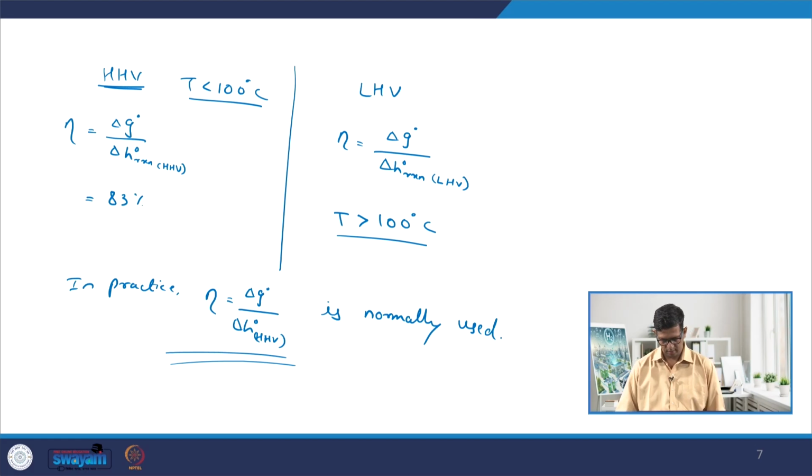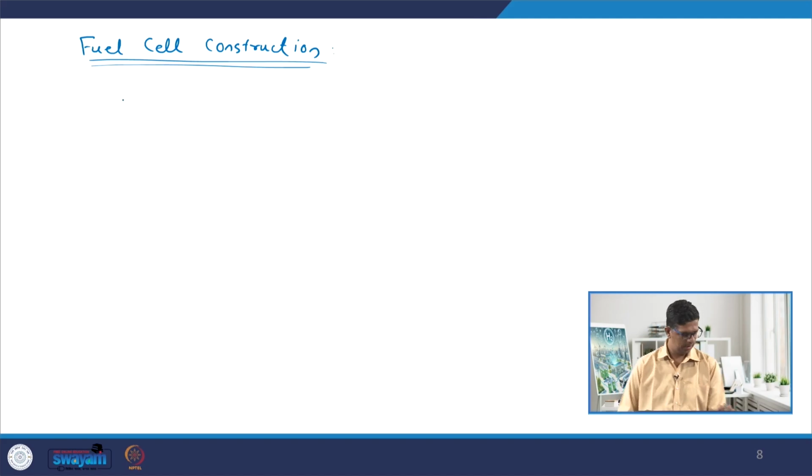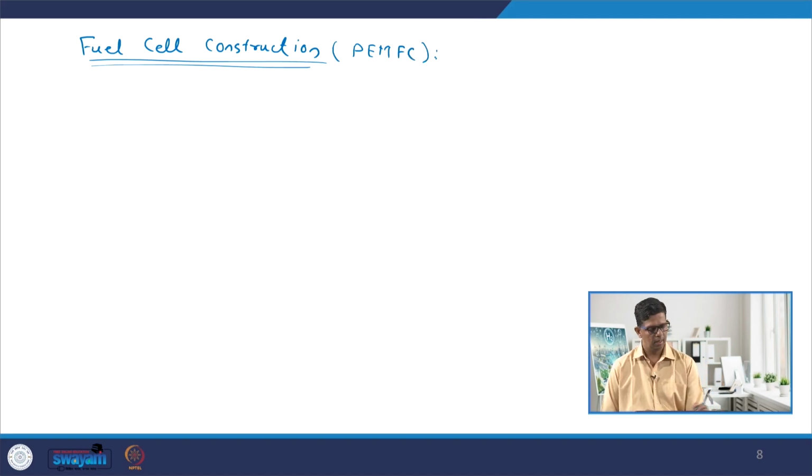Let us go ahead and start with the construction of the fuel cell. Fuel cell construction. And I am typically going to limit my discussions with respect to the low temperature polymer electrolyte membrane fuel cell for easy understanding.